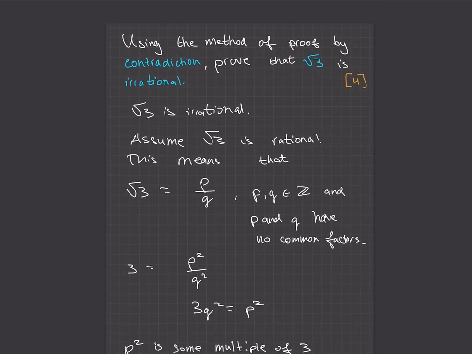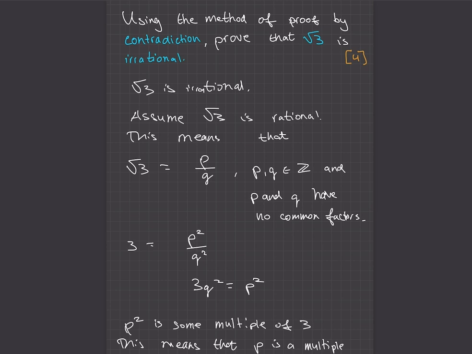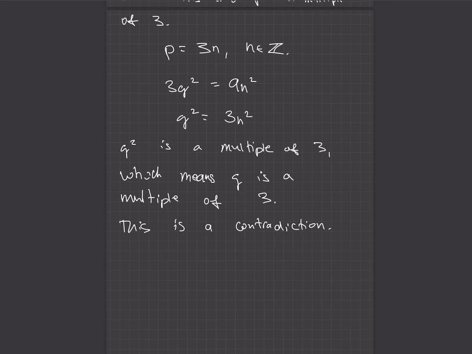Because we assumed at the beginning that because they're rational, that means that they have no common factors. But if they both are multiples of 3, that means that we could write, for example, we've already reached our contradiction, but just to make it explicit, q is equal to 3m. But that means that p over q is equal to 3n over 3m. So we can simplify it, and we can do that infinitely many times.